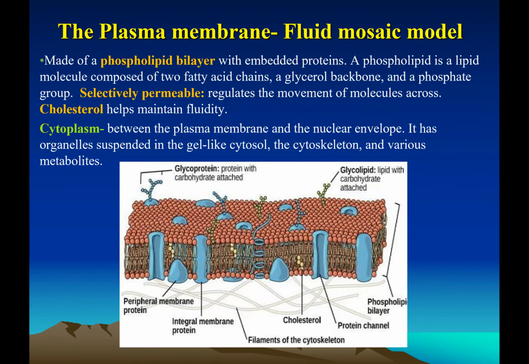Then right next to the cell membrane, inside the cell, there's a jelly-like matrix that is called cytoplasm. Between the cell membrane and the nuclear envelope, there is the cytoplasm in which all the different organelles are suspended, usually on these filaments that you see here, like mitochondria, all of them.